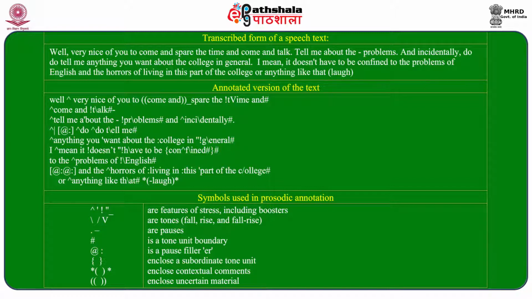Also, we should have specific symbols to indicate pauses, repetitions, non-ends, false starts, non-beginnings, and to identify tone units, contextual comments, or to enclose uncertain material, which is normally identified as noise in a speech text.